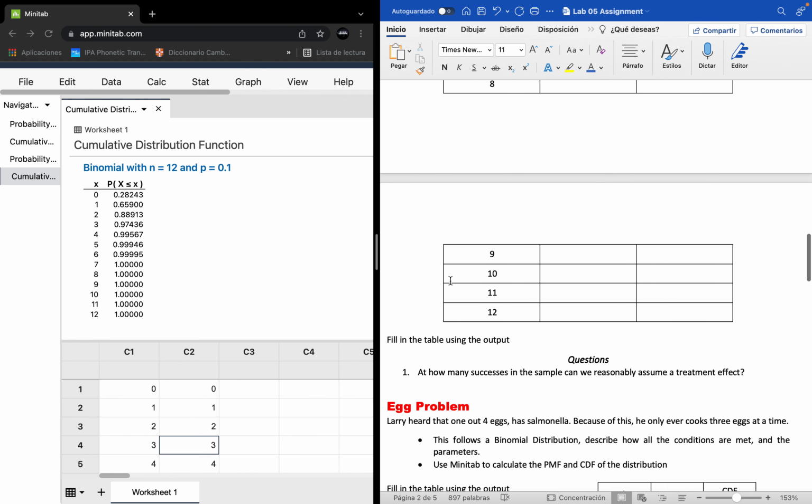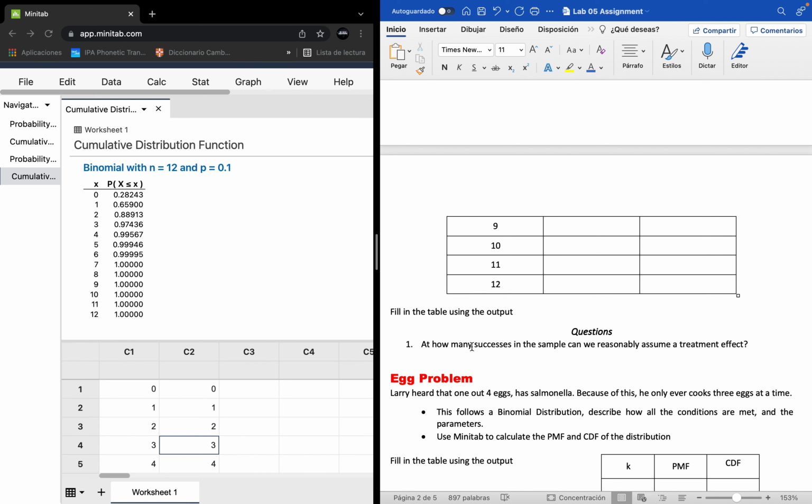All right, so let's continue. Now the same question: at how many successes in the sample can we reasonably assume a treatment effect? So again, do the cumulative for this. Where do we have the first cumulative value greater than 0.95? Notice for number 2 we have 0.88.